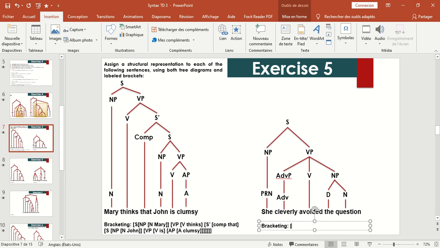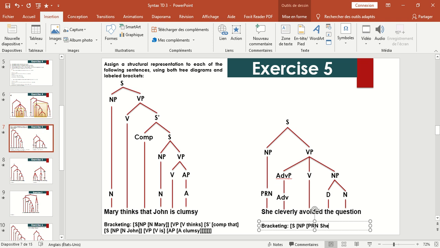So we have a sentence. Inside it we have a noun phrase. Then we have a pronoun, which is she.